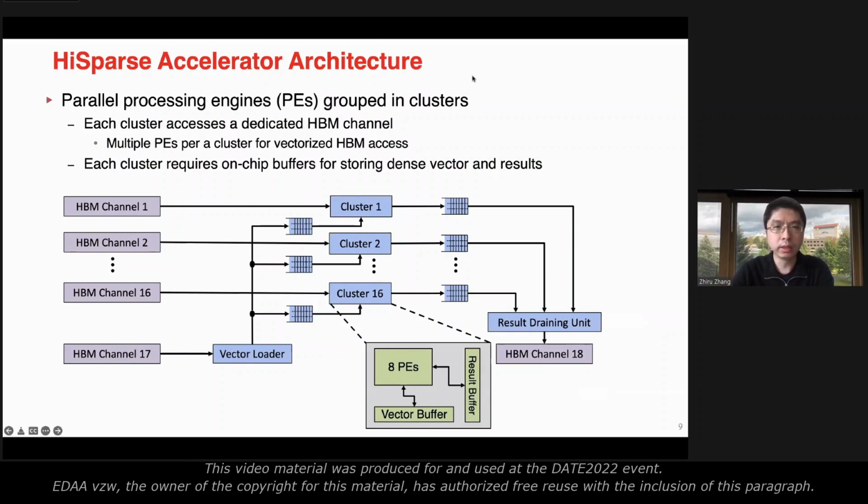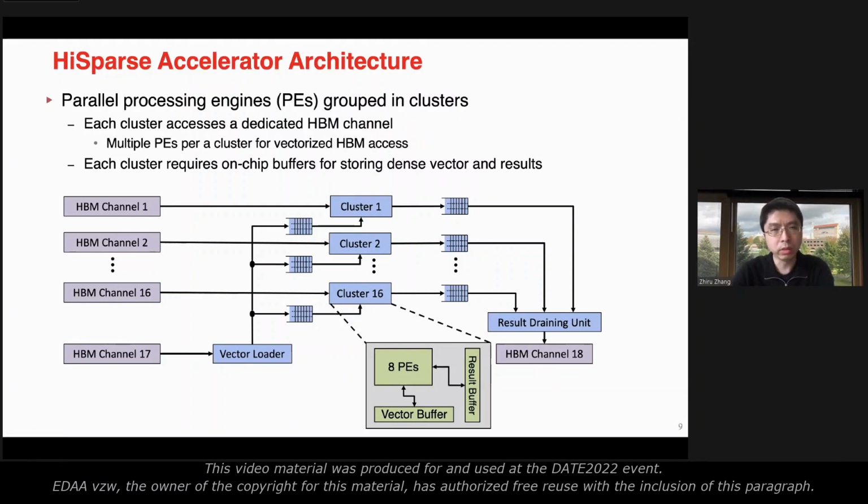We organize these compute engines or PEs in clusters. Each cluster directly connects to an HBM channel. Of course, we want to use many HBM channels. And also we put a number of PEs per cluster. So this is where we do vectorization.